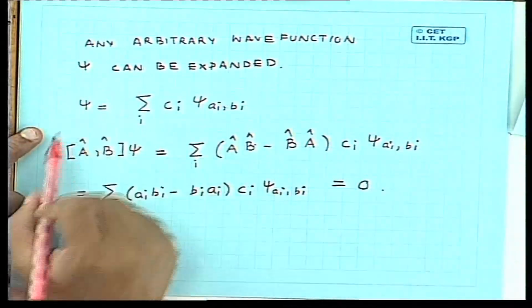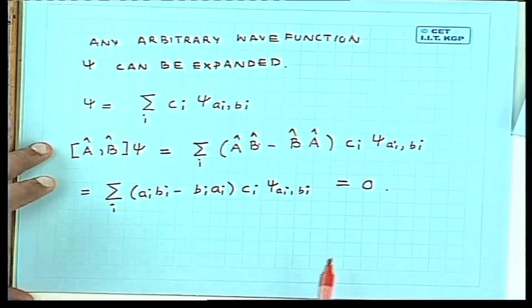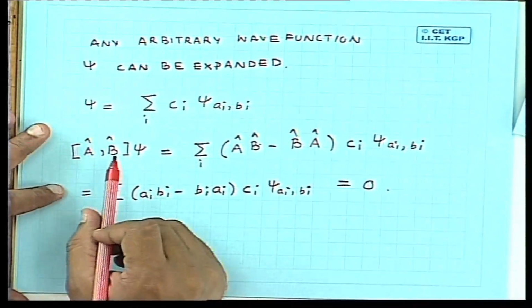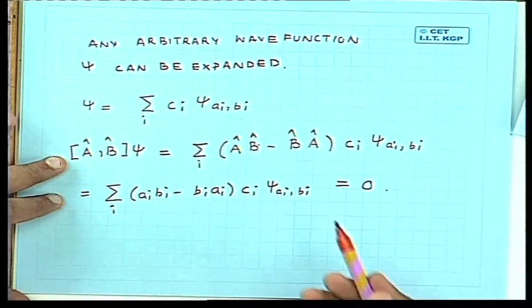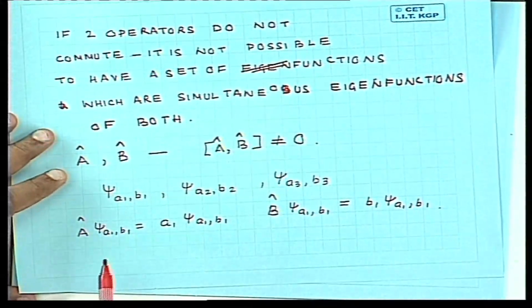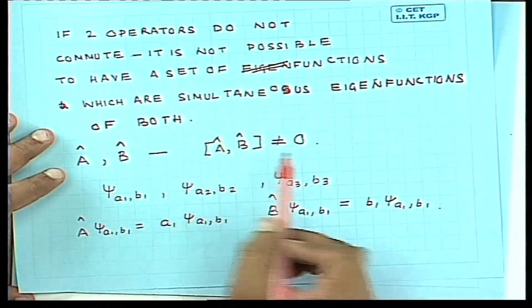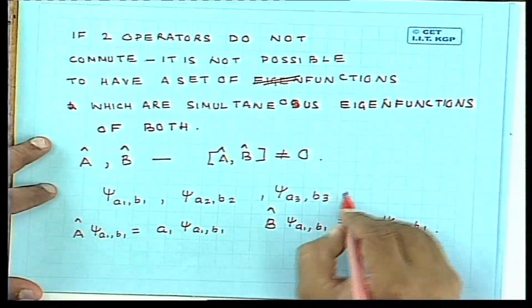So for any wave function, if the commutator of A and B acts on it, it gives 0. But I have already assumed that A and B don't commute. If the commutator acting on any wave function is 0, then we have an inconsistency, which tells us that this is not possible.